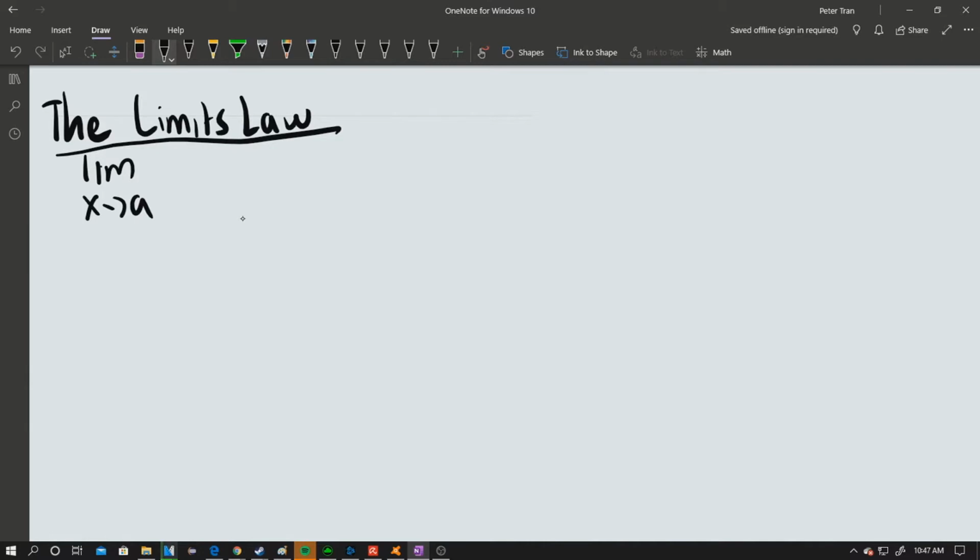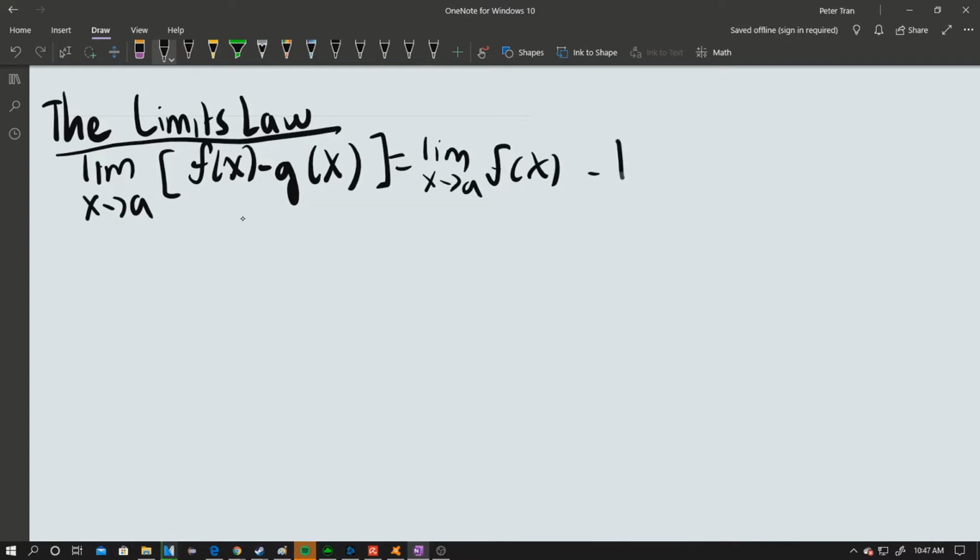This is the limit of the difference is equal to the difference of the limits. That's the second limit law.